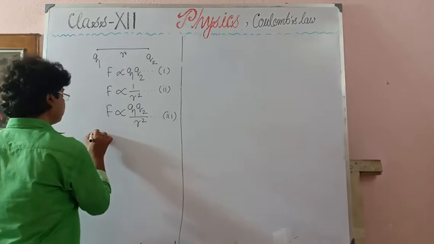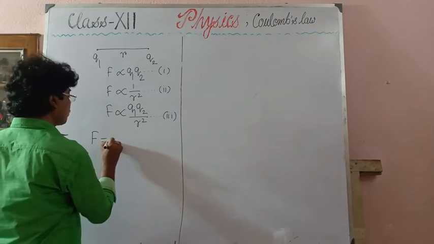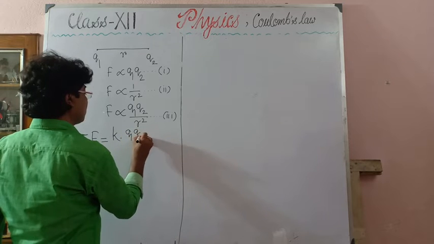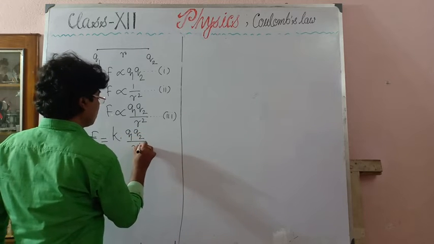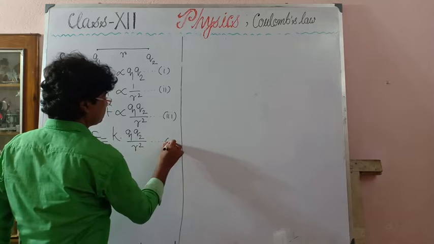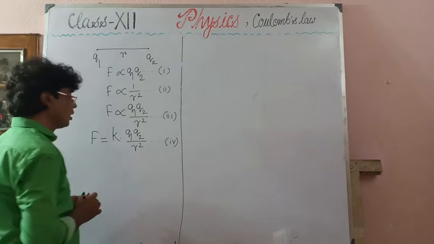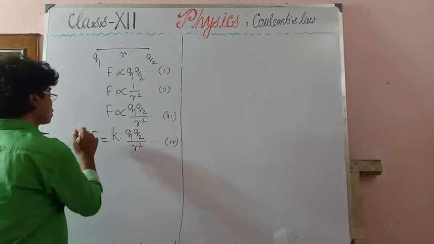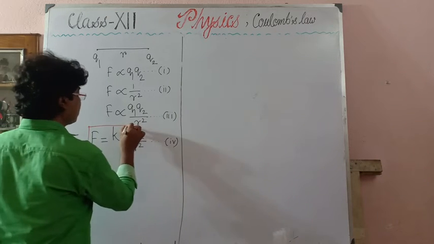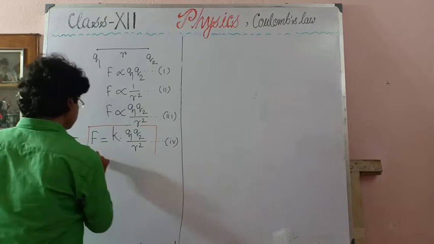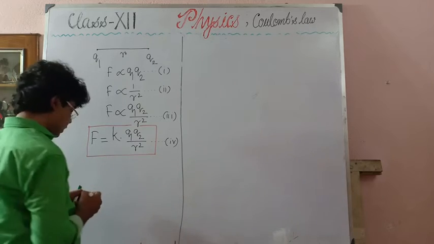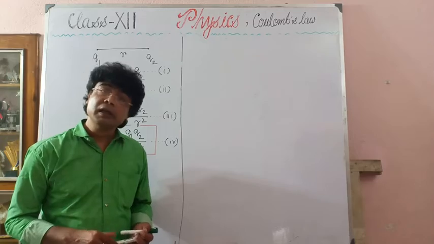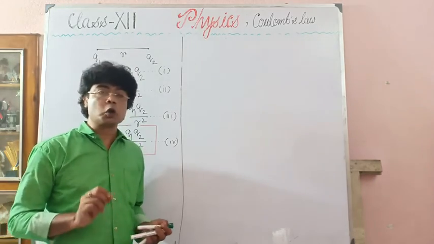So, we can write F equals a constant K Q1 Q2 by r square, where K is a proportionality constant. K is referred to as the electrostatic constant or electrostatic force constant.